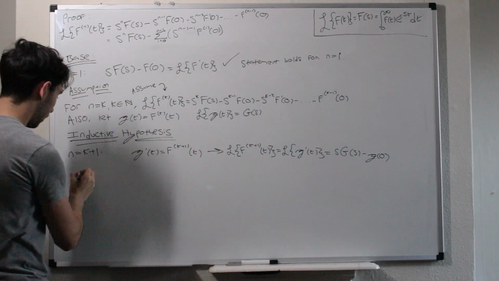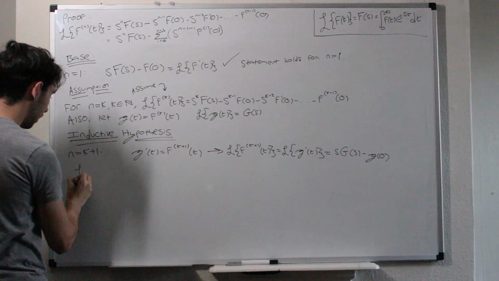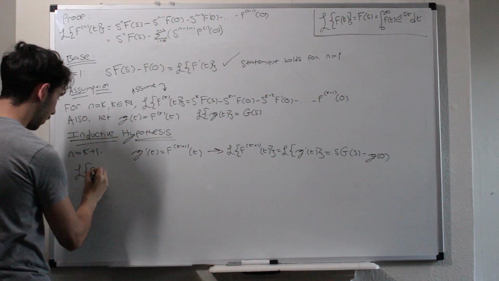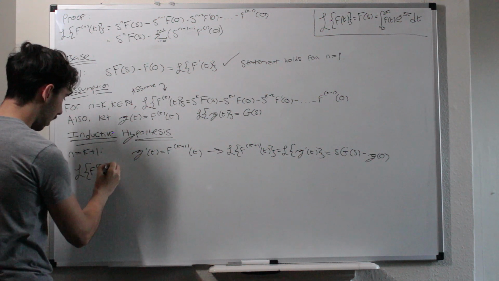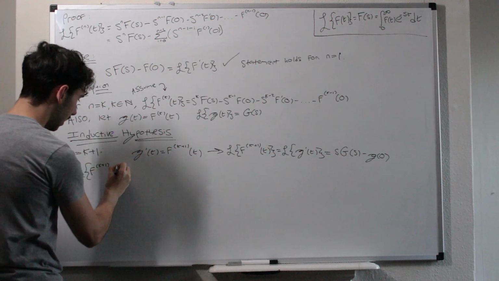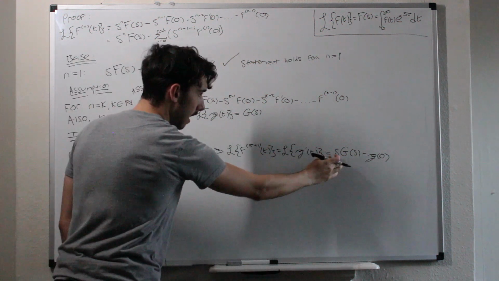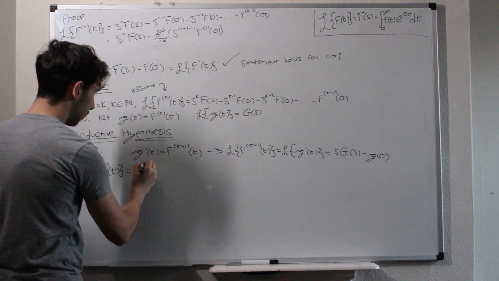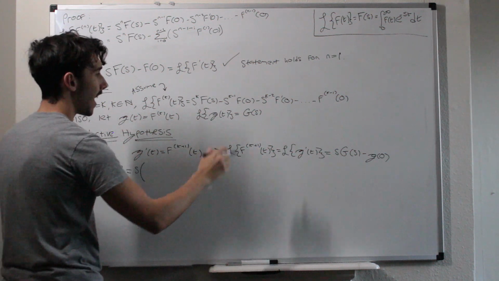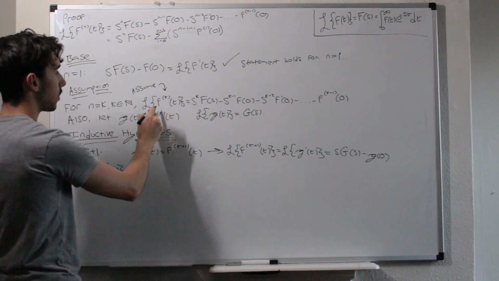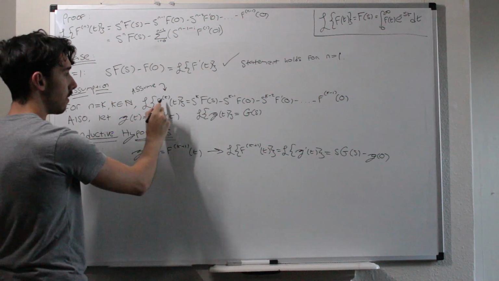So I'm going to start this on a new line. The Laplace transform of the k plus 1th derivative of f of t is s times G of s, and again G of s is the Laplace transform of the kth derivative of f of t.